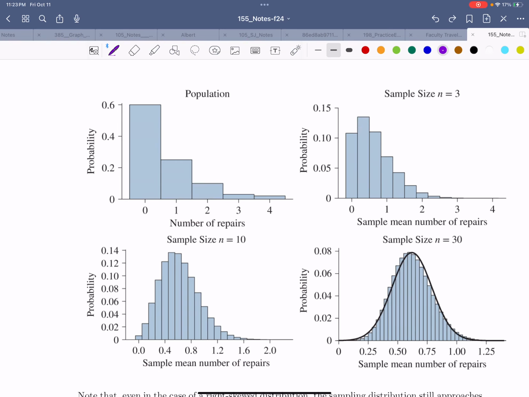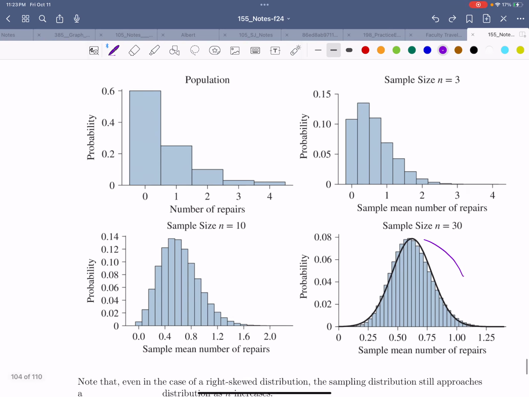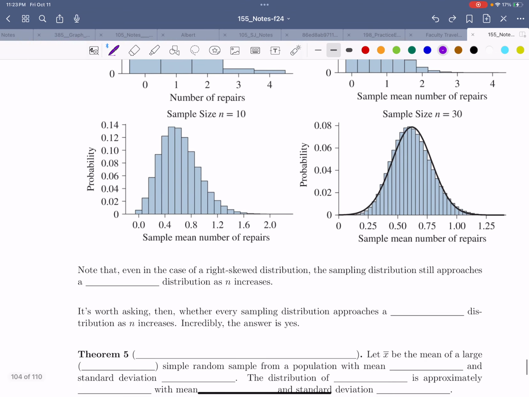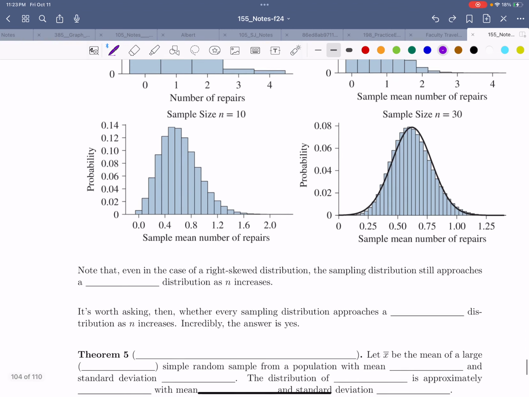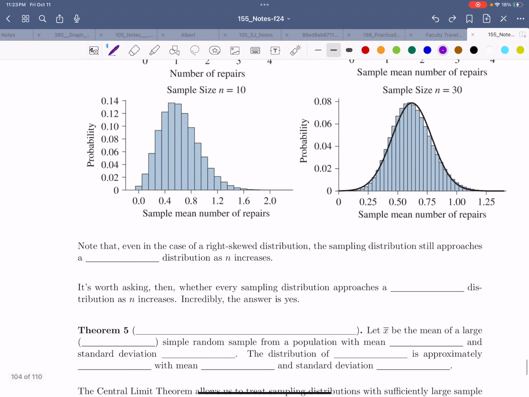And then we consider samples of size 30. Look at that. It's practically a normal distribution. So even in the case where we started off with a right-skewed distribution, as we increase the sample size, the sampling distribution still approaches a normal distribution as n increases.